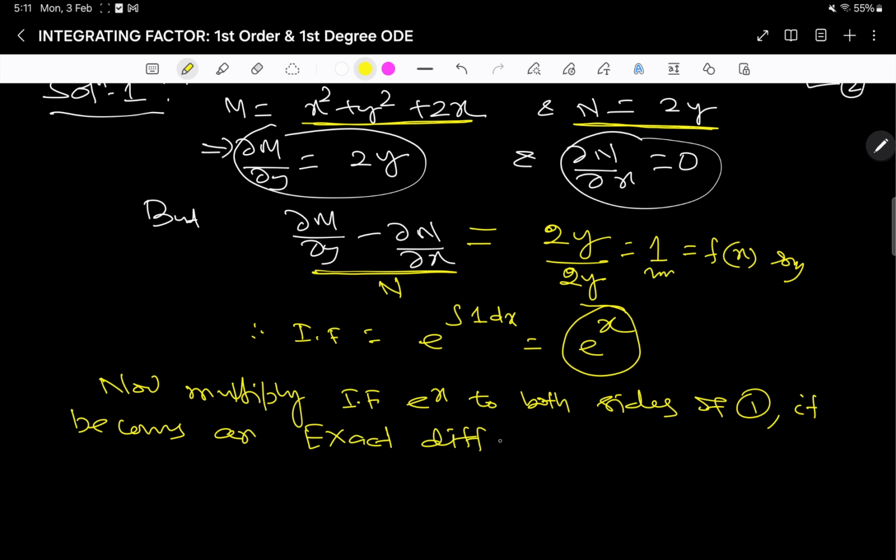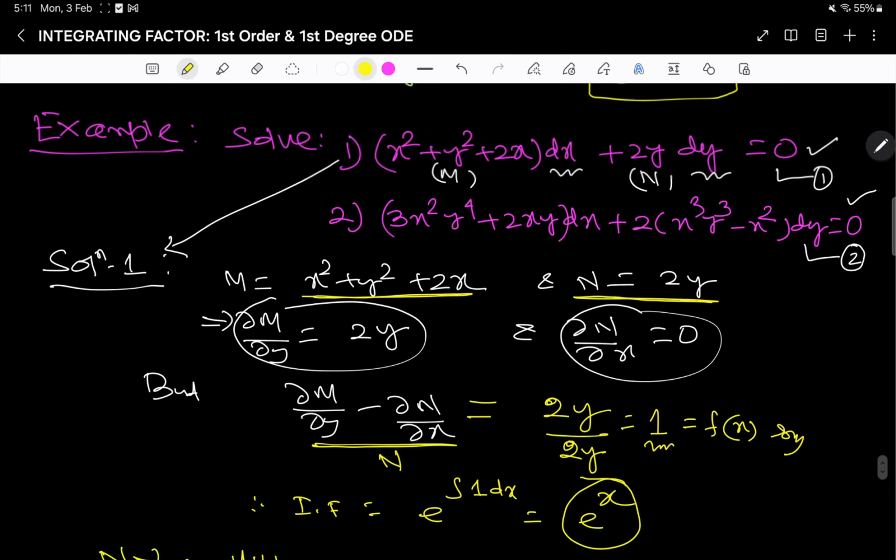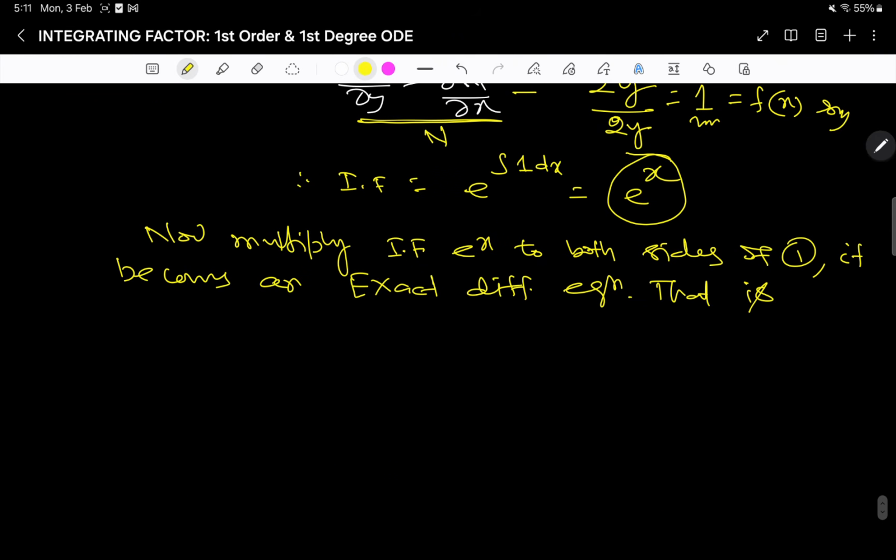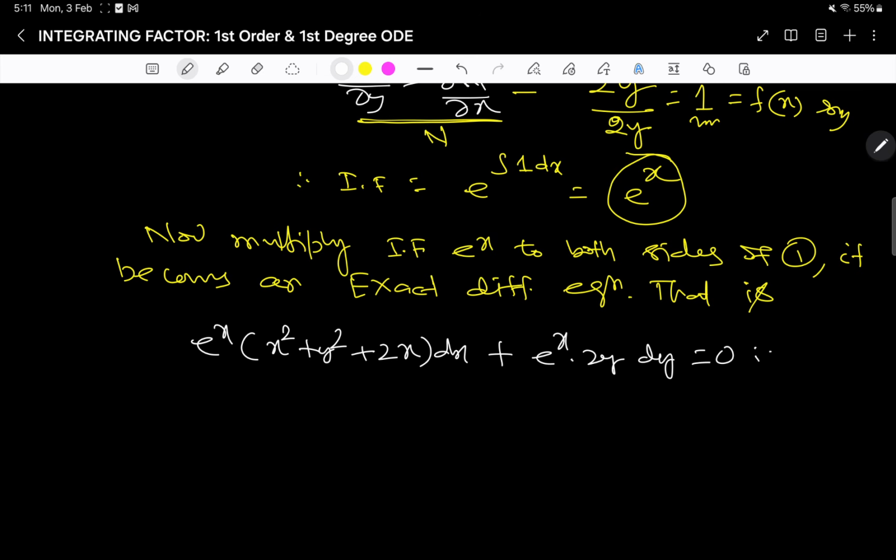That is, you just multiply it: e to the power x into (x square plus y square plus 2x) dx plus e to the power x into 2y dy is equal to 0 is exact.